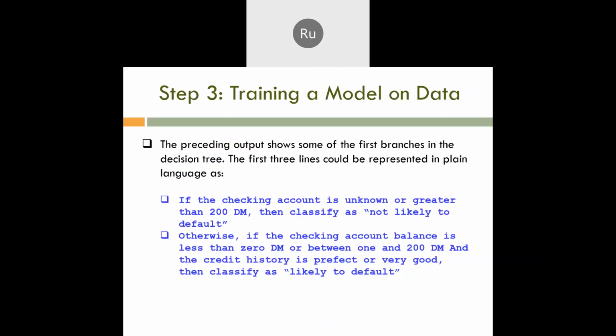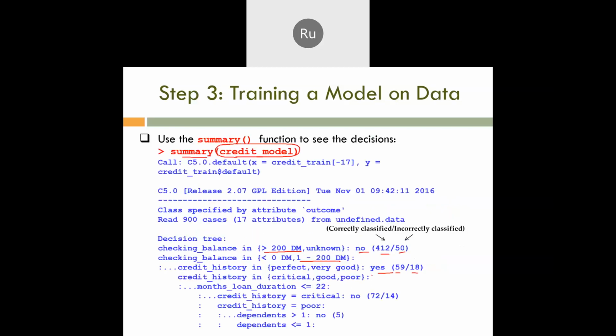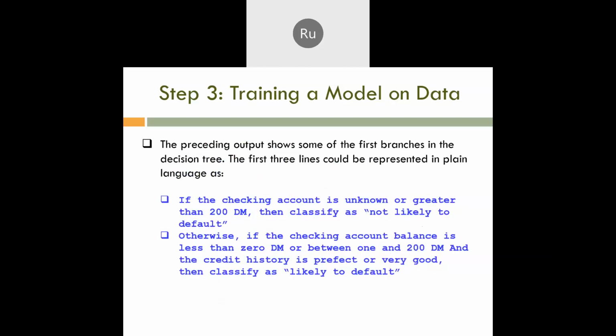If the checking account is unknown or greater than 200 Dutch money, then we classify as not likely to default, meaning that you will service your loan. Otherwise, if the checking account balance is less than 0 Dutch money or between 1 and 200 Dutch money, and the credit history is perfect or very good, then we classify as likely to default, meaning that you are likely to not pay the loan.